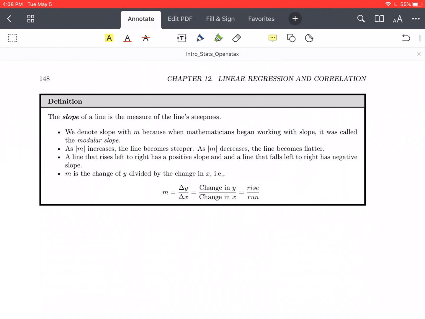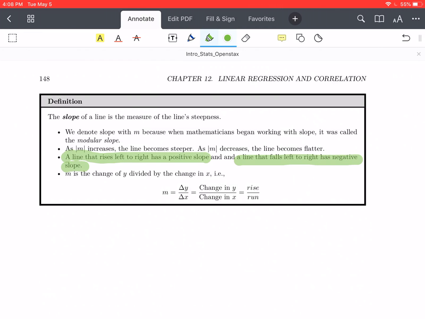Okay, so if we have a slope that is very large and very positive, right? I should mention this: a line that rises left to right has positive slope, and a line that falls left to right has negative slope.